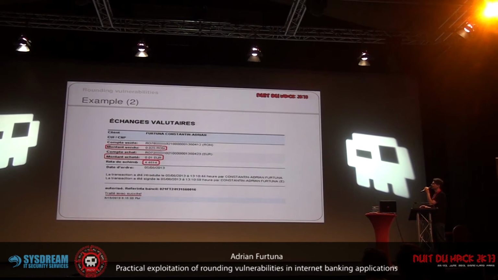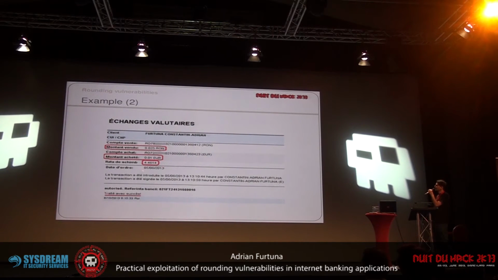So you can see that I could sell actually 0.025 RONs into 0.01 RON, giving the exchange rate of 4.46. Okay, so it says that the transaction has been introduced and has been signed and has been approved with success.